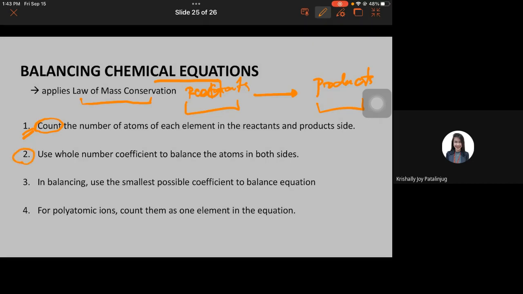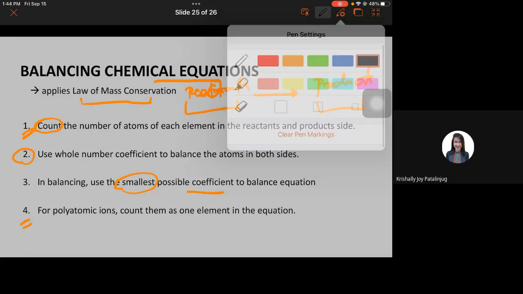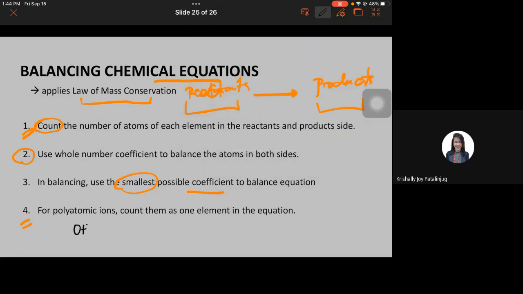After you count the number of atoms of each element in the reactants and product side, you use whole numbers. Make sure the smallest possible whole number coefficient in order to balance chemical equation. Okay. Then lastly, for polyatomic ions, what are examples of polyatomic ions? Example, hydroxide, poly, more than one.